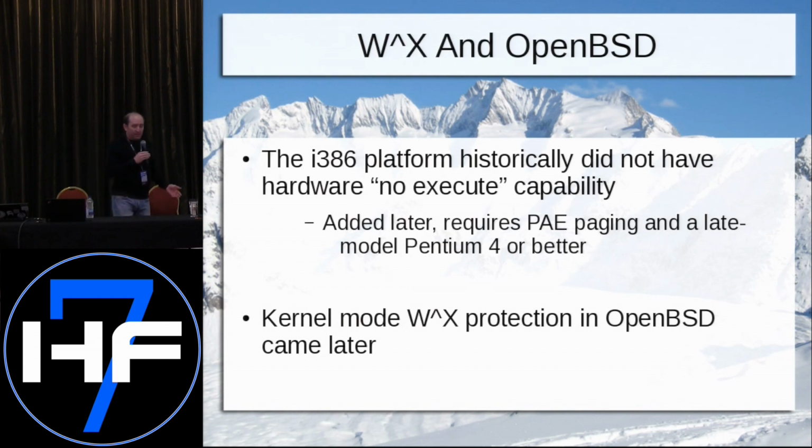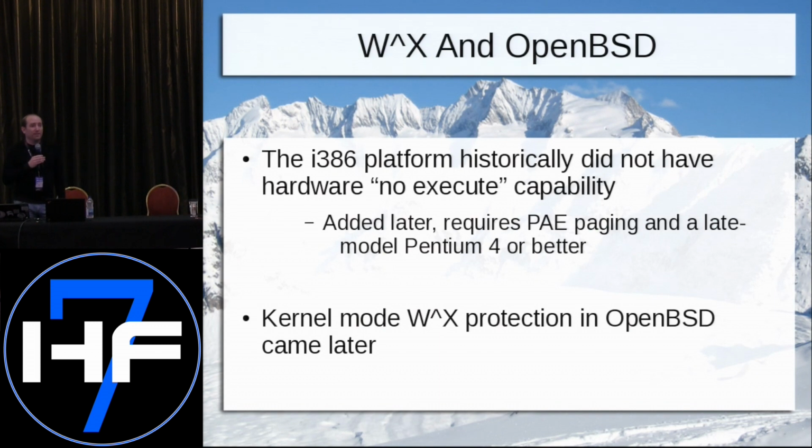We do support i386, obviously, and we have for a long time, but our support for i386 actually predates the time at which the processor supported the hardware no execute capability. So we've had it in for a while. In order to have i386 W^X, you need a processor that can support PAE paging, which came out with the Pentium Pro.